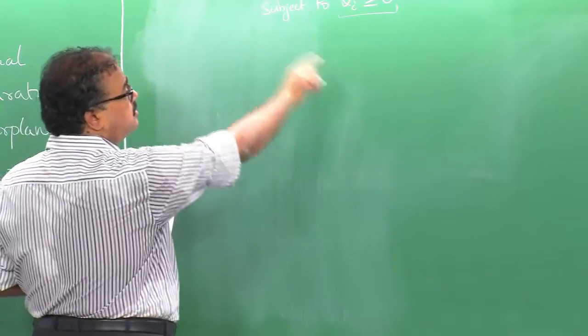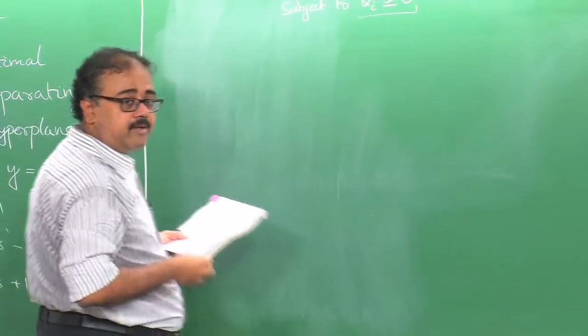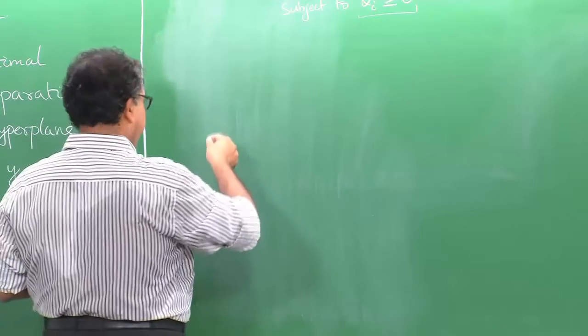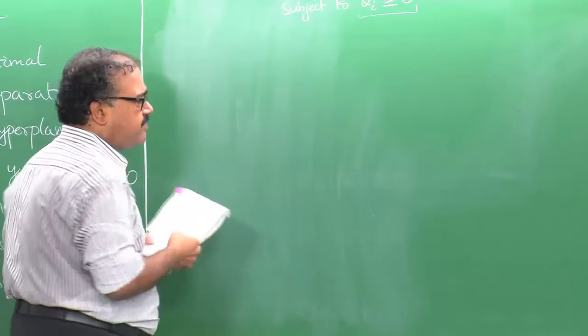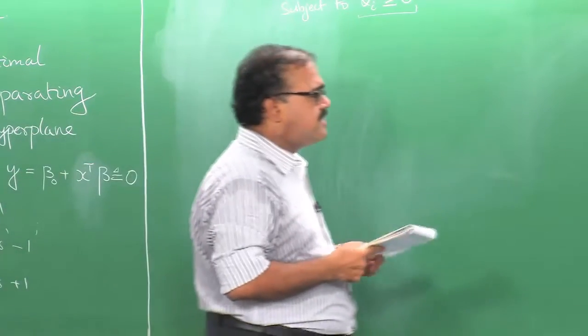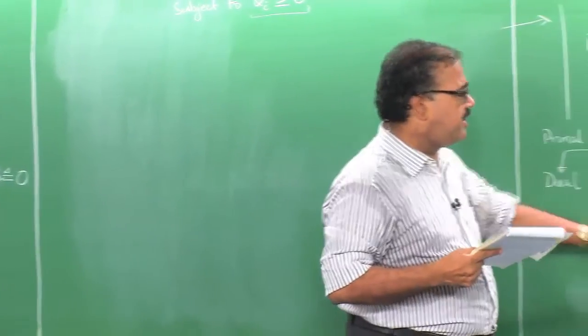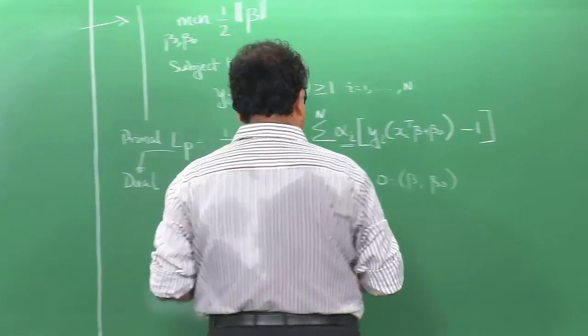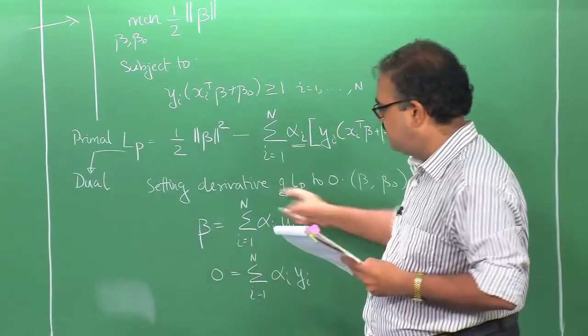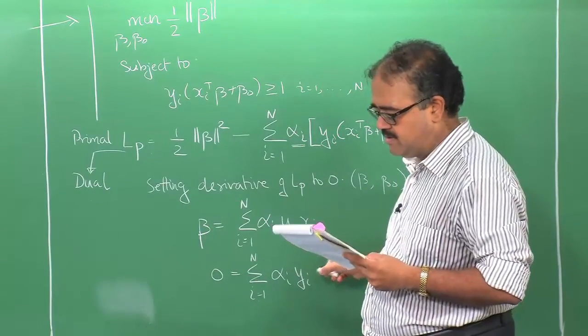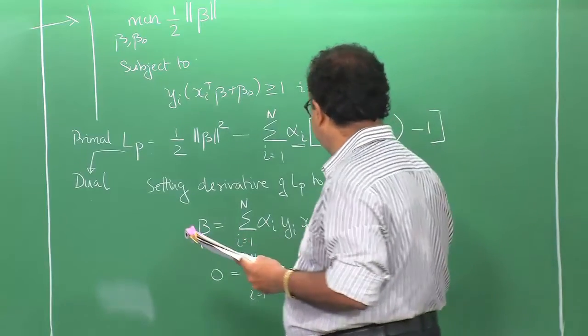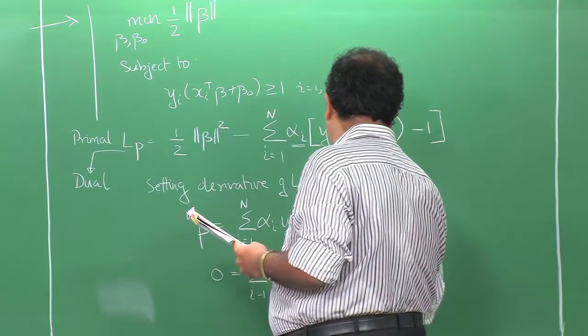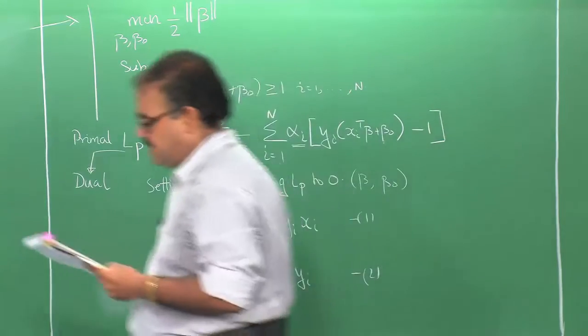So, for the dual and the primal to be at the optima at the same time, we really want them to satisfy a set of conditions which have to do with the derivative of the primal problem. So, we require that this should hold, and this should hold. I am going to write them as 1, 2 and 3.